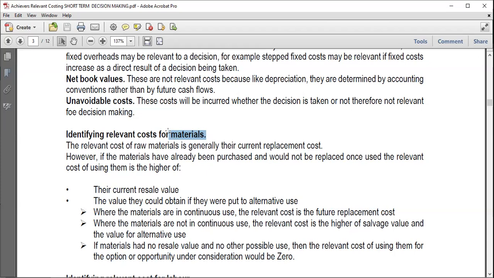You get it? Our first variable cost that we are looking at is materials, raw materials. So ours is to ask, when is a cost for raw material relevant to us?